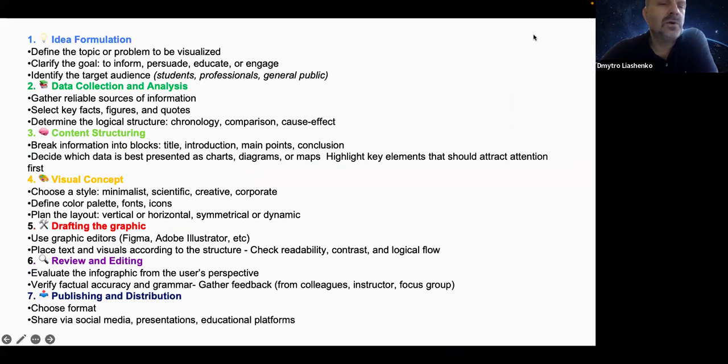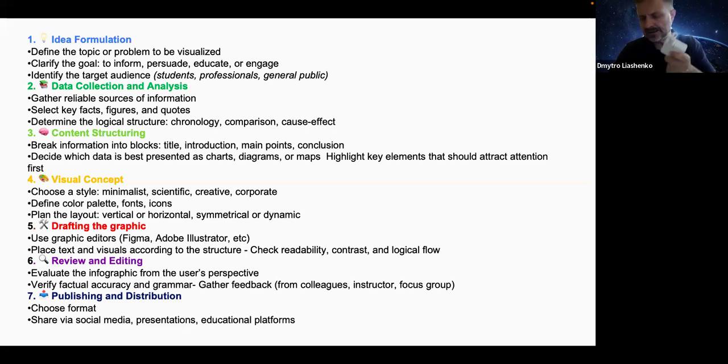Speaking about methodology of graphical representation, we can define 7 steps. First of all, we must formulate the idea of our representation because it is very, very important.